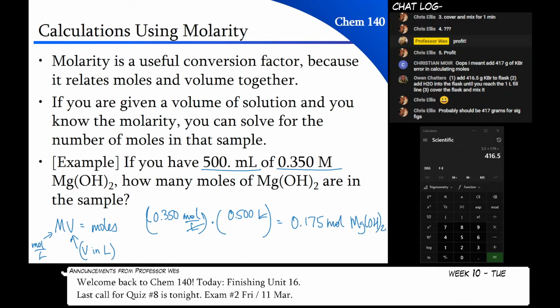There you go. Again, make sure you convert all your volumes to liters when you're using molarity, because otherwise you're going to get an answer that's like 1,000 times too big.